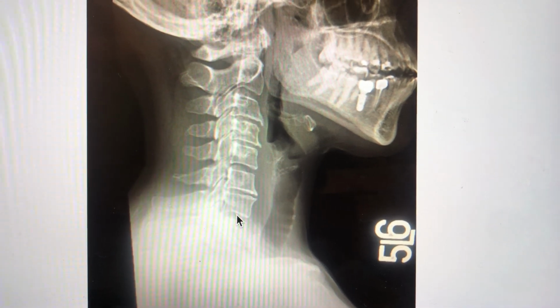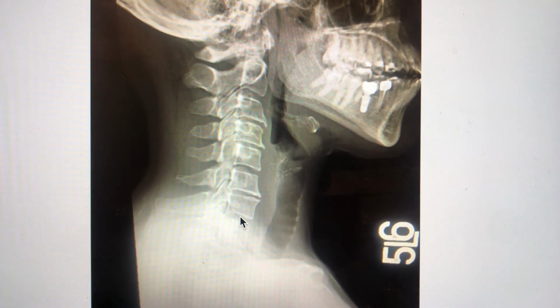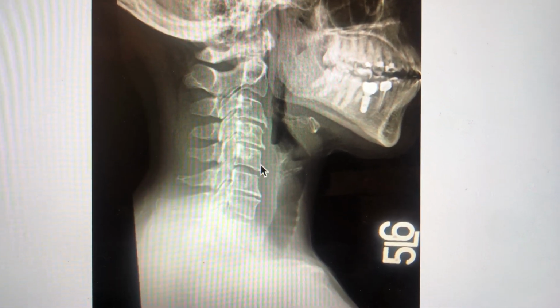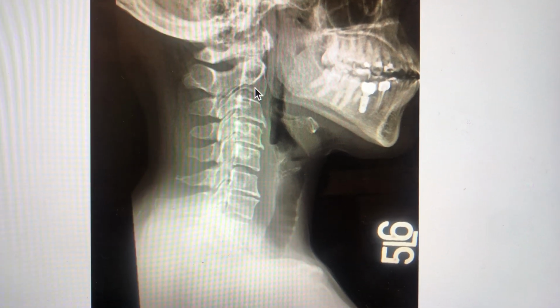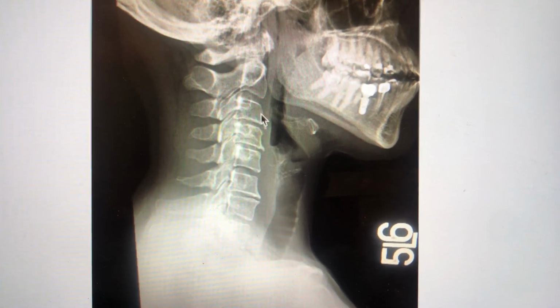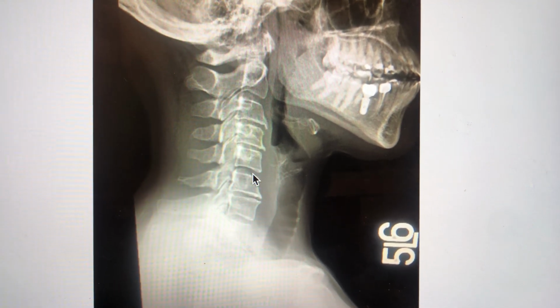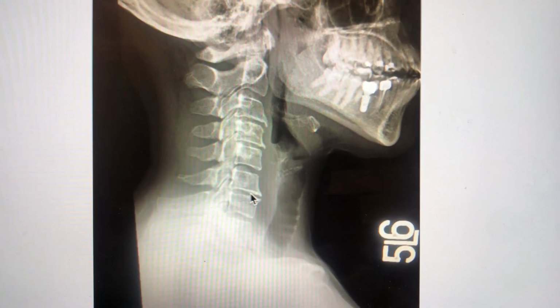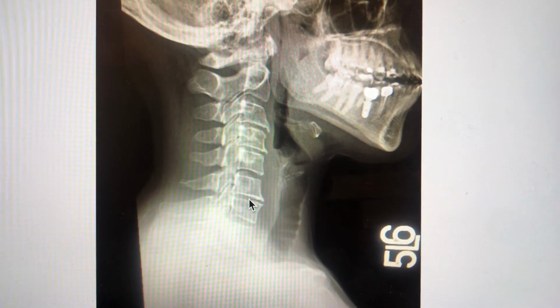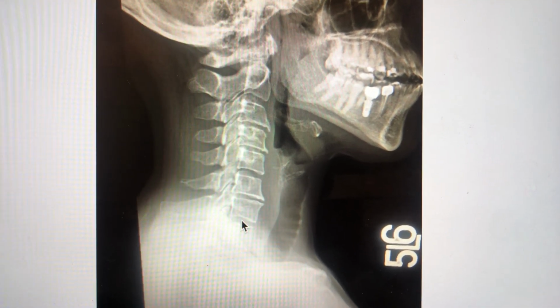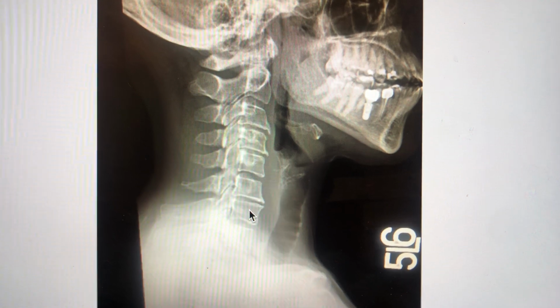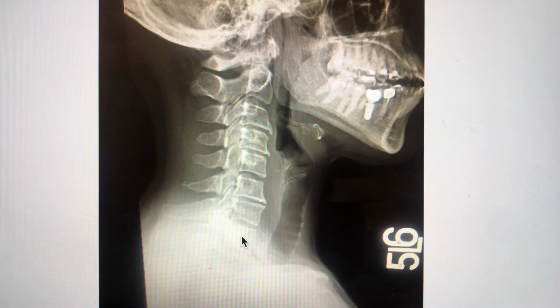In terms of qualifying these degenerative changes, I would say there's little to none there. It's moderate there and there, little to none there, perhaps moderate at this level as well. And this one's a little harder to see between the seventh cervical and the first thoracic vertebra.